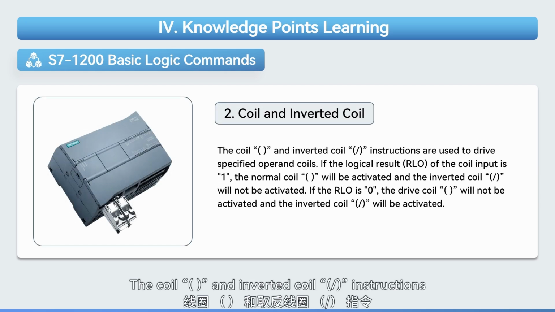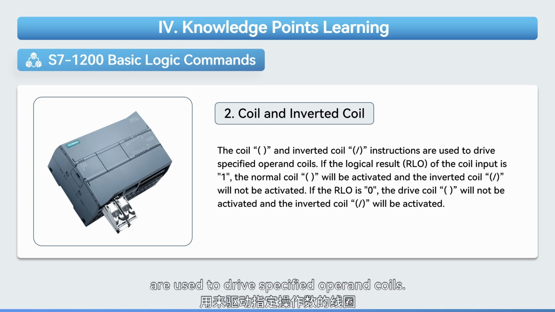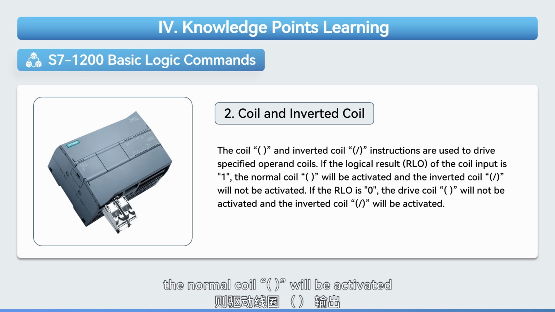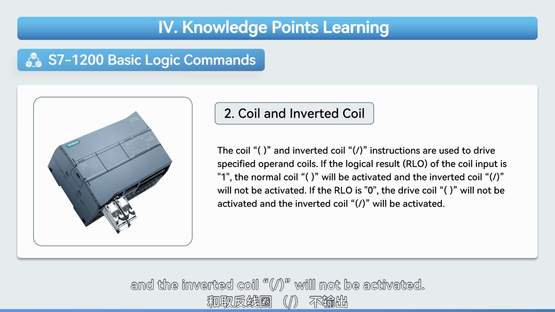The coil (parentheses) and inverted coil (slash inside parentheses) instructions are used to drive specified operand coils. If the logical result RLO of the coil input is 1, the normal coil will be activated and the inverted coil will not be activated.